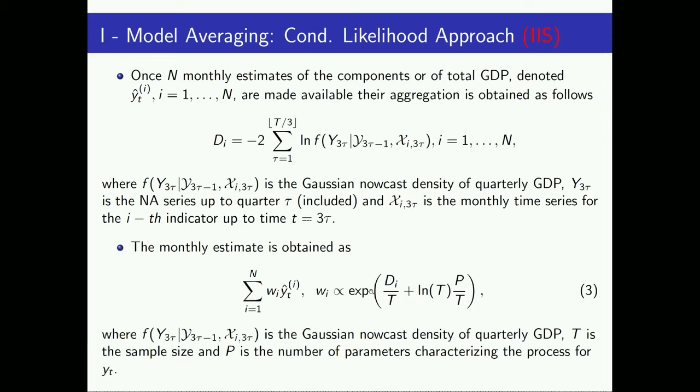Okay, like the weights are proportional to the BIC criteria, essentially. And for that reason we call this approach in-sample, because we are considering the information that comes from the estimation.